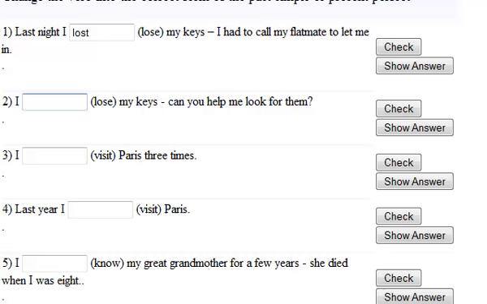For example, here, I lost my keys, can you help me look for them, is very near to the present, because this action happened very recently, so I have lost my keys.